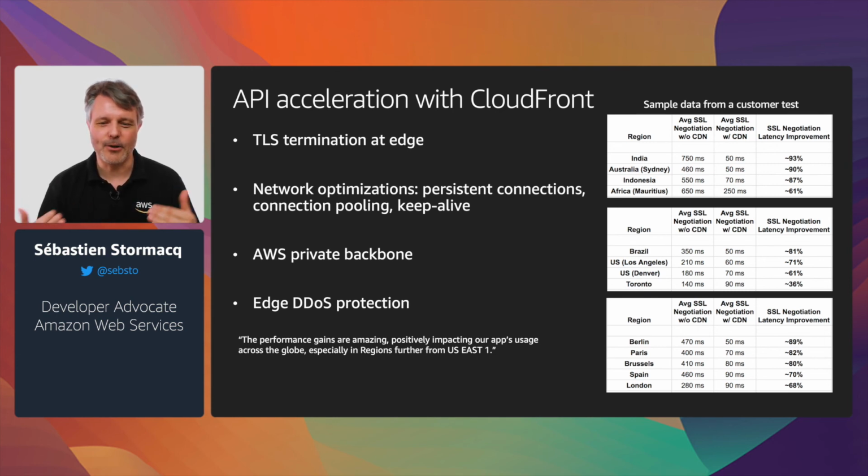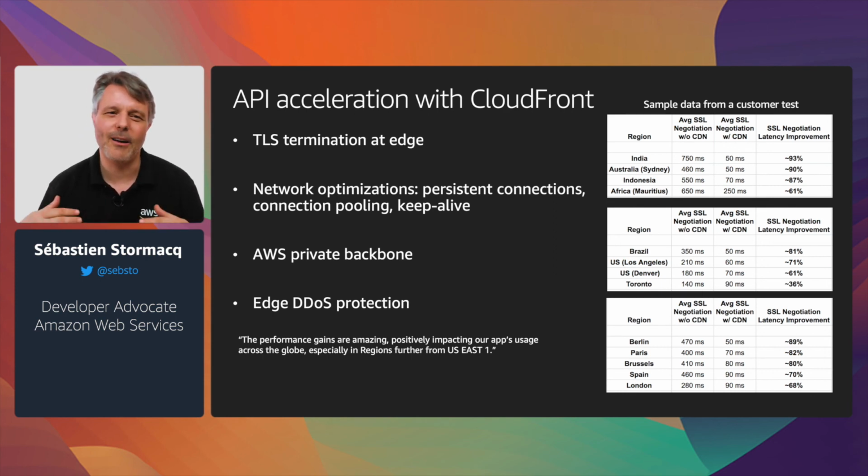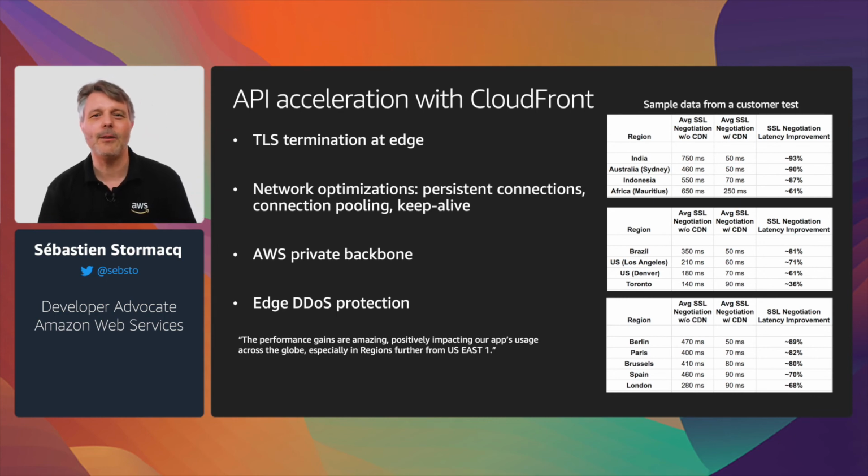These are reductions compared to connecting to US East 1. So someone in India, if he or she connects through one of the local POPs we have in India, will see a reduction of latency of 93% compared to a connection to US East 1. Because we are using persistent connections, connection pooling, keep-alive and many other TCP optimization techniques, and this traffic goes over the AWS global managed network. It's not going over the internet.